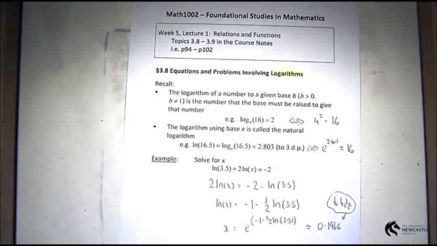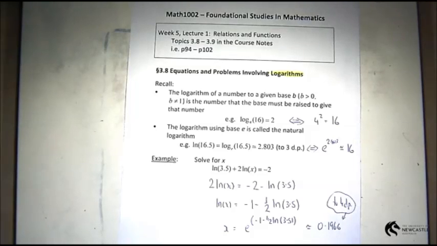So here I have log of 3.5 plus 2 log x is equal to minus 2. Now this time I'm going to use some of the properties that I know about logarithms.